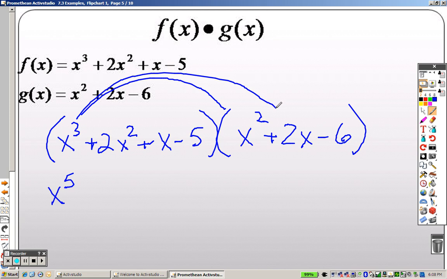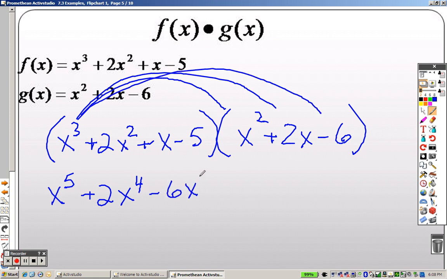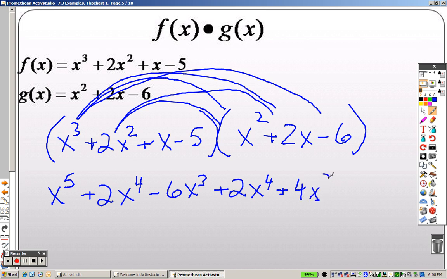X cubed times 2x is positive 2x to the fourth. X cubed times negative 6 is negative 6x cubed. 2x squared times x squared is positive 2x to the fourth. 2x squared times 2x is positive 4x cubed. 2x squared times negative 6 is negative 12x squared.